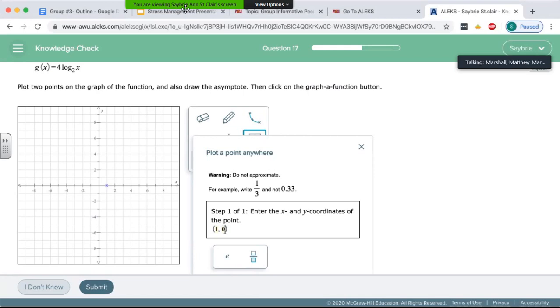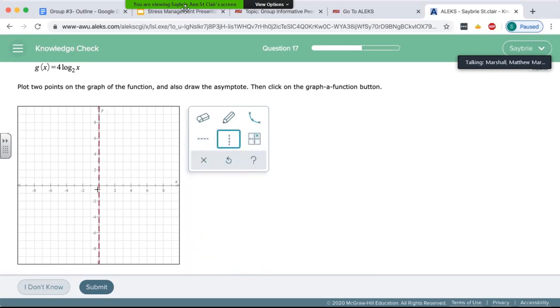It looks like you could do your, looks like your vertical up and down asymptote is the y-axis 0. So it's like you could do a dotted line there. And then it looks like the y asymptote looks like it's curving down.